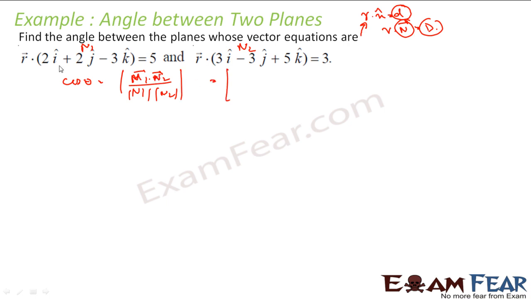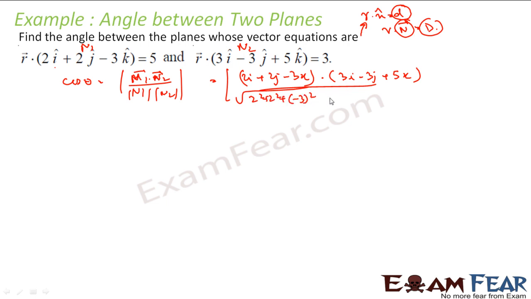This is nothing but 2i plus 2j minus 3k dot 3i minus 3j plus 5k by magnitude of n1, that is root of 2 square plus 2 square plus minus 3 square, into root of 3 square plus minus 3 square plus 5 square.